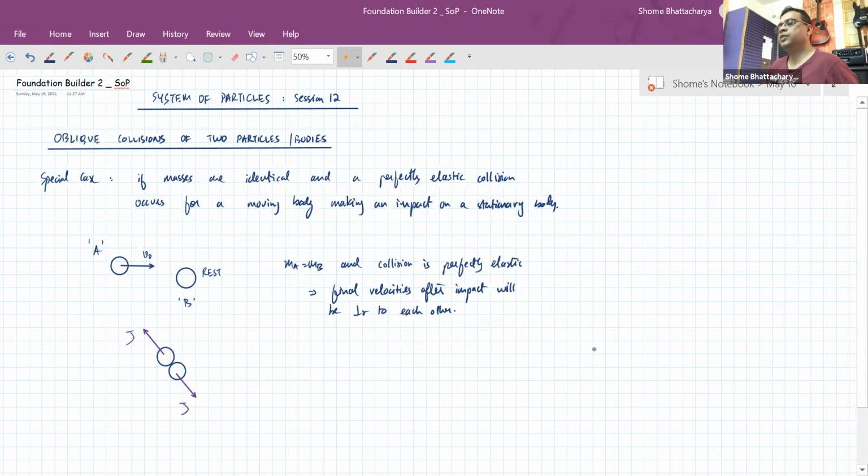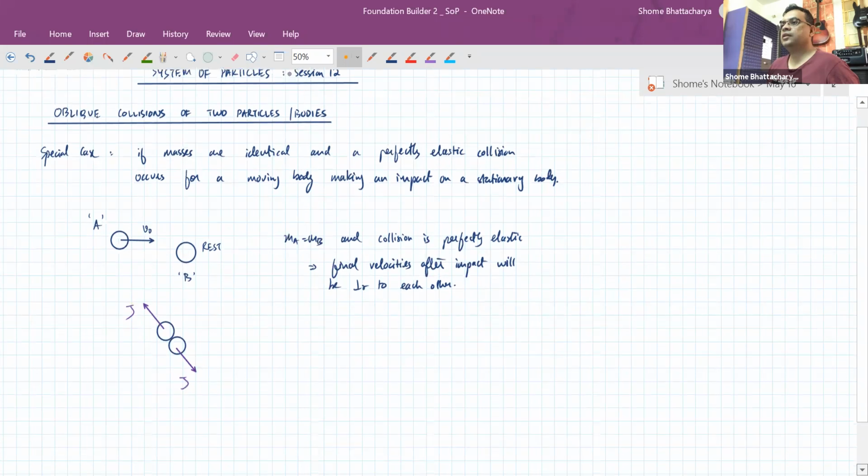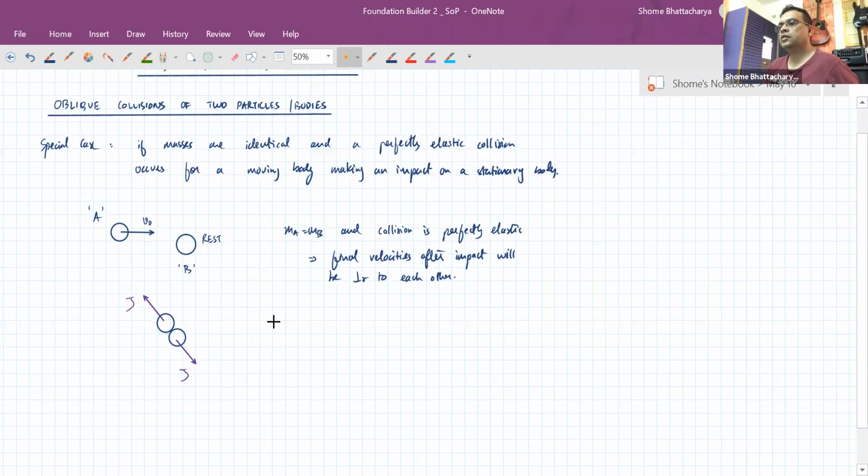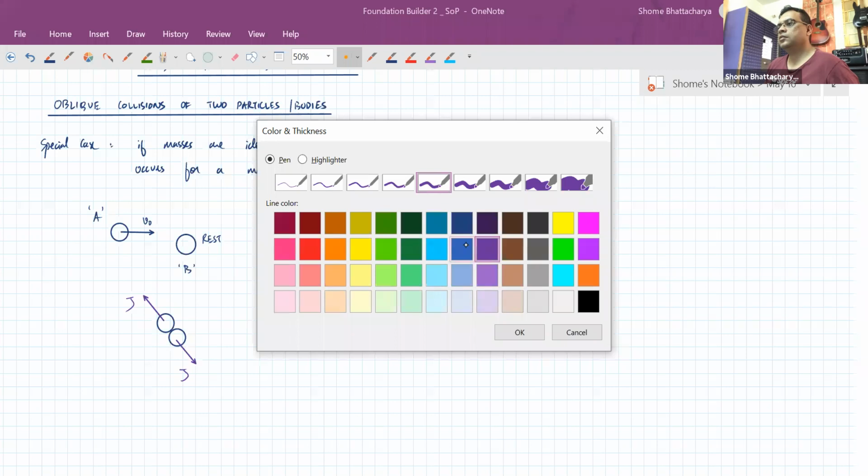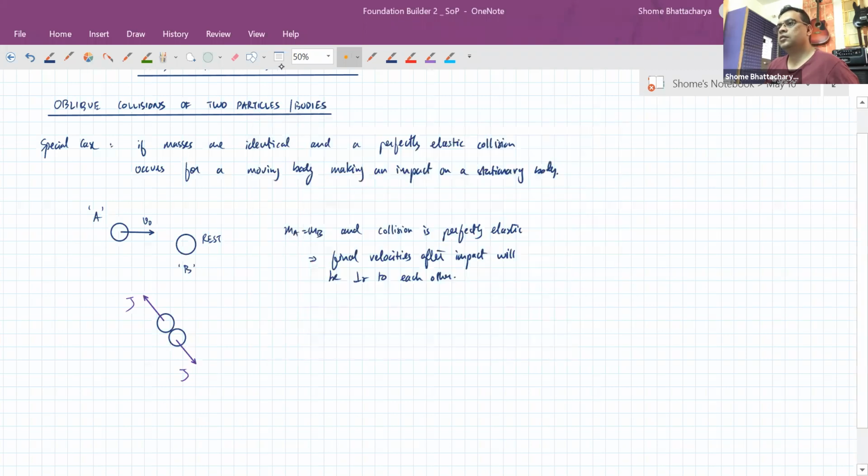Immediately after the impact, they will move off with velocities in these directions. Body B was at rest initially, so its final velocity will be in the direction in which the impulse is acting, along that center to center line. So this will have a velocity VB like this.